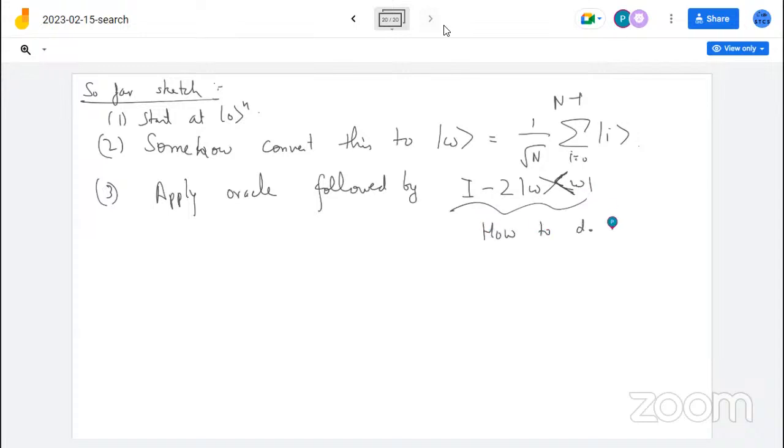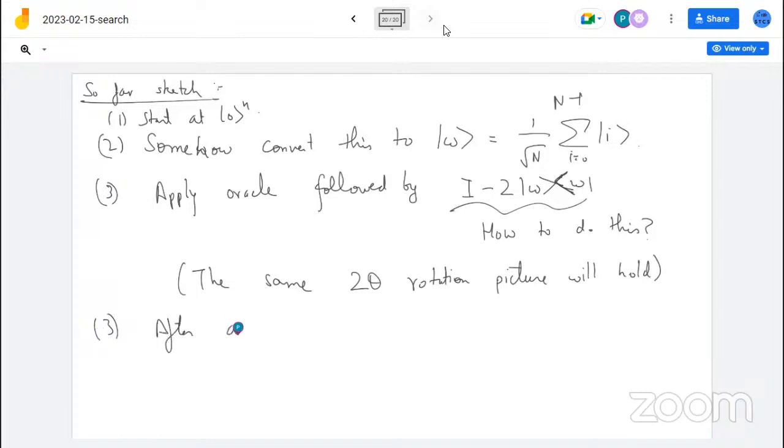And the same 2 theta rotation, and after carefully chosen T. So T is basically, up to plus minus 1, equal to pi by 2 minus theta divided by theta.